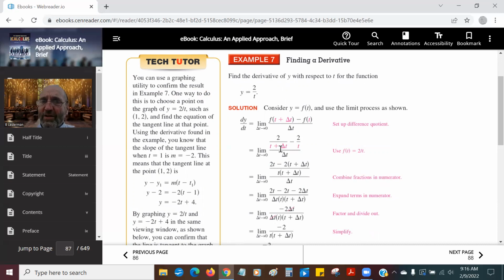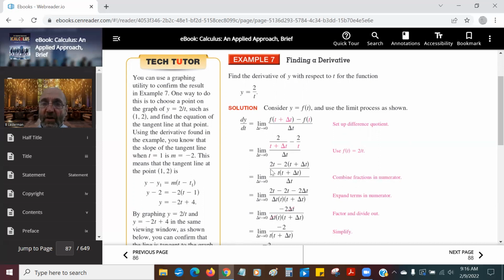Now this is a little tricky. I can't just subtract from denominators. So I have to combine these fractions into one fraction. Basically, I multiply the first fraction by t over t, and then I multiply the second fraction by t plus delta t over t plus delta t.